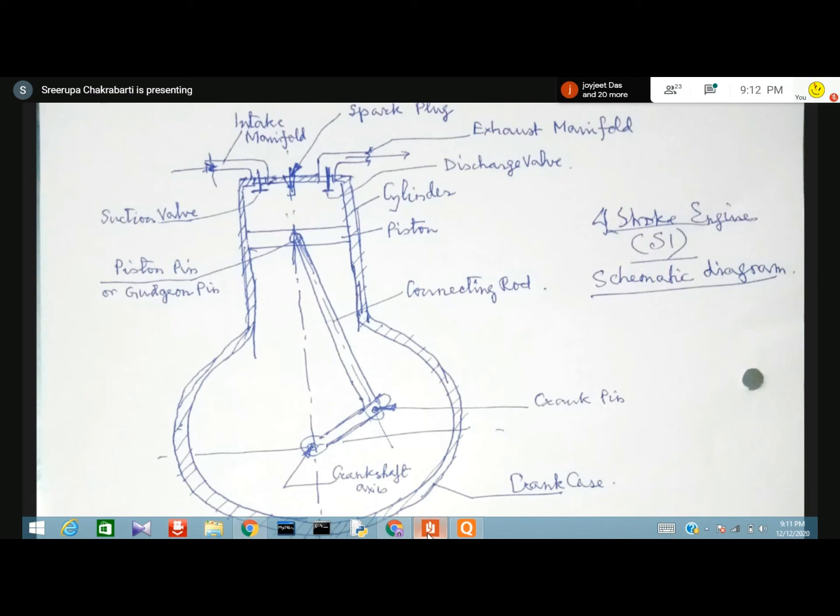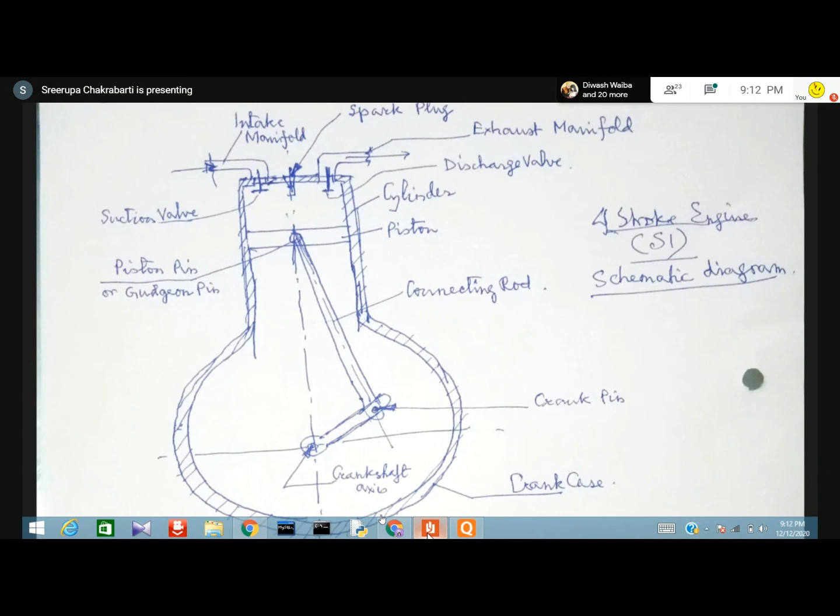We want the spark to take place first. After the spark, the fuel should start igniting. After the igniting of the fuel, there will be combustion. This is a very, very fast chemical process. For a 3000 RPM engine, the total cycle time is 0.04 seconds.